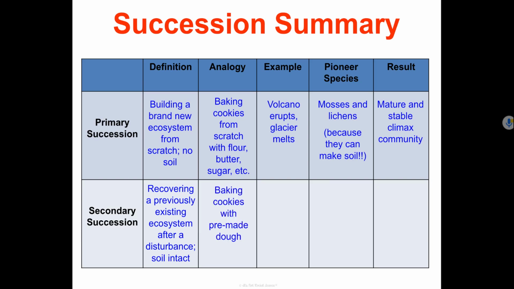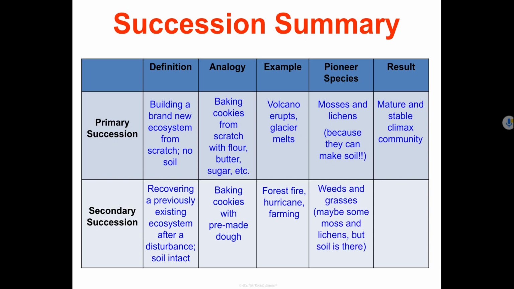An analogy would be like baking cookies with pre-made dough. An example of secondary succession would be forest fires, hurricanes, and even farming. The pioneer species of secondary succession are primarily weeds and grasses, and the result of secondary succession is a mature and stable climax community.